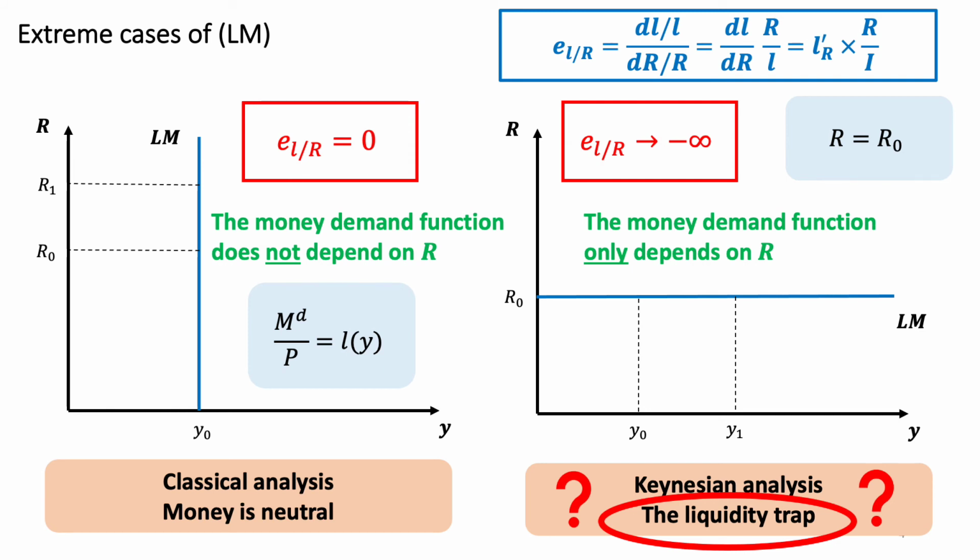In any case, even if they don't necessarily sell their bonds, agents will certainly not buy more bonds. The demand for money for speculative motive becomes infinite. Households have an absolute preference for liquidity, and any additional supply of money would be immediately demanded by households.